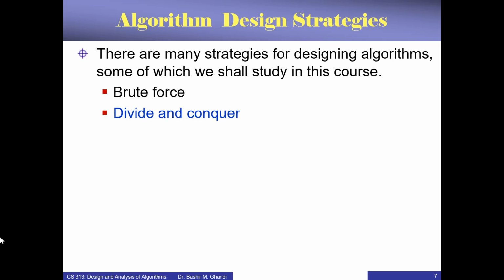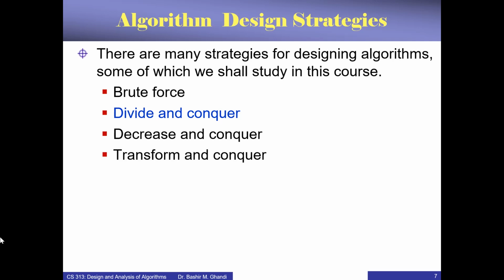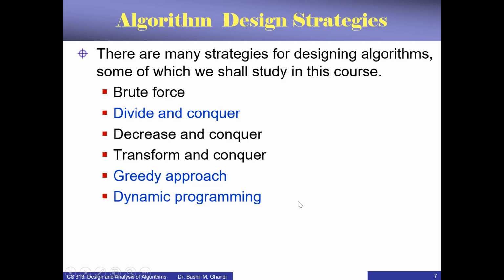There is a technique called divide and conquer, another one called decrease and conquer, or transform and conquer. We shall concentrate on the first one, divide and conquer. Another type of design technique is called greedy approach. Dynamic programming is another one. Backtracking, which I'm sure we mentioned in the data structure course.